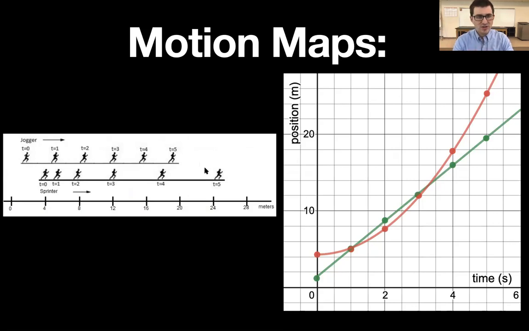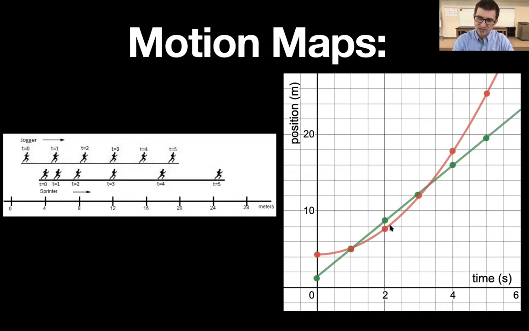They could ask other questions like, when are they in the same position at the same time? And so it might be sometime between 1 second and 2 seconds, and then again around 3 seconds. Those would be the 2 times that they would be in the same position at the same time. They could ask when do they have the same instantaneous velocity? Then you'd have to look at the slope of the green line and the tangent slope of this red curve.